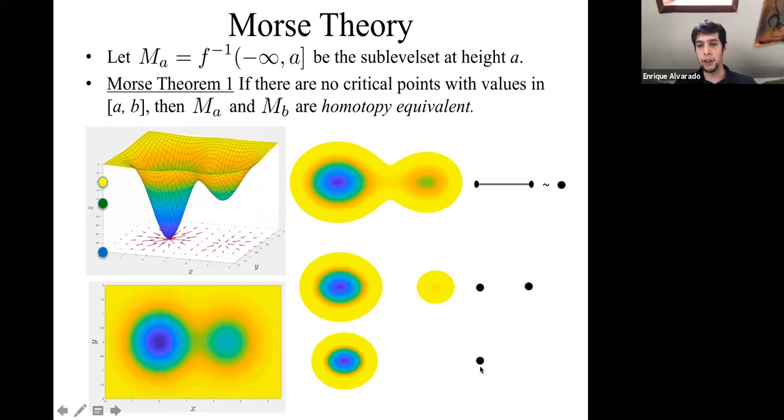And so then you'd say that sublevel set is homotopy equivalent to a single point. As we increase our z value, or our a, then it's going to hit the second index 0 critical point. And at this point, we're going to have two disconnected sublevel sets. Okay.